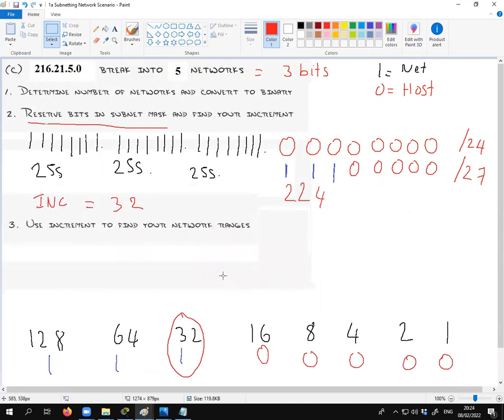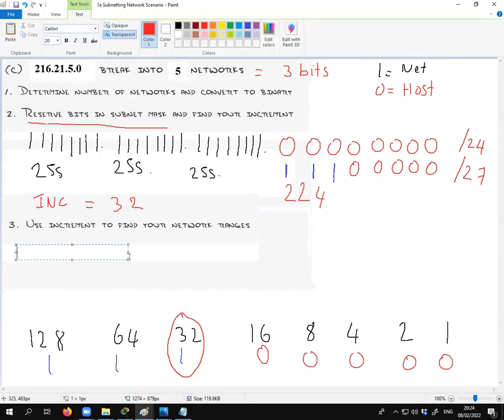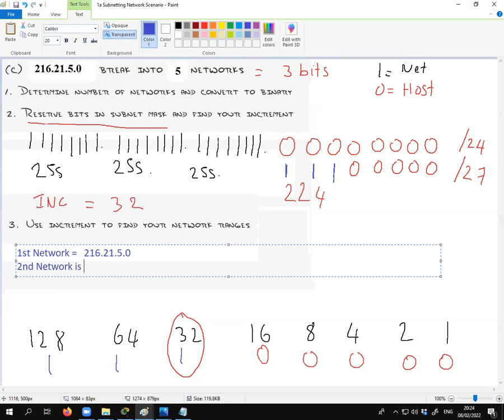So you use the increment value of 32 to find the network ranges. So you'll say the first network or subnet is 216.21.5.0. Second network is 216.21.5.32.